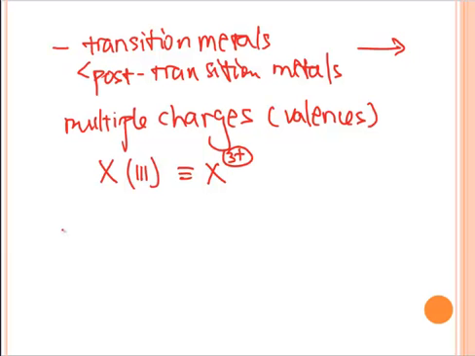The other ones we noticed are polyatomic ions, those ions are composed of more than one atom in its entity, and as a whole it carries a certain given charge.